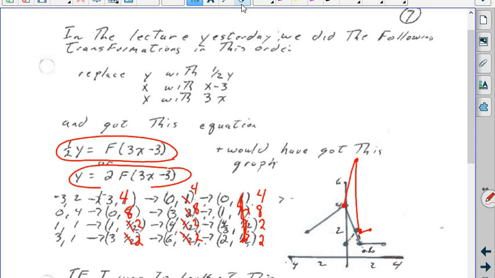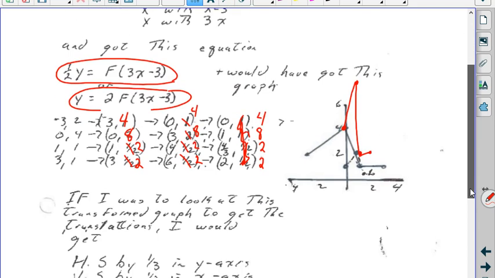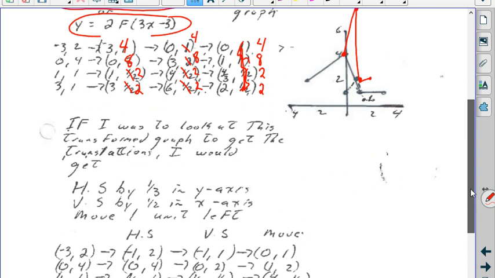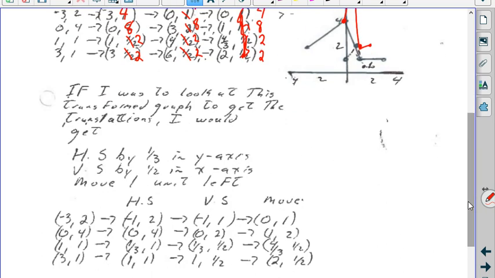Now, if I look at this graph and think about the order, I'm going to vertically stretch it first, then horizontally stretch it second, and then move it over. I'm only moving it over 1. So if you think about this new graph I've drawn, I do have to fix my y values again.